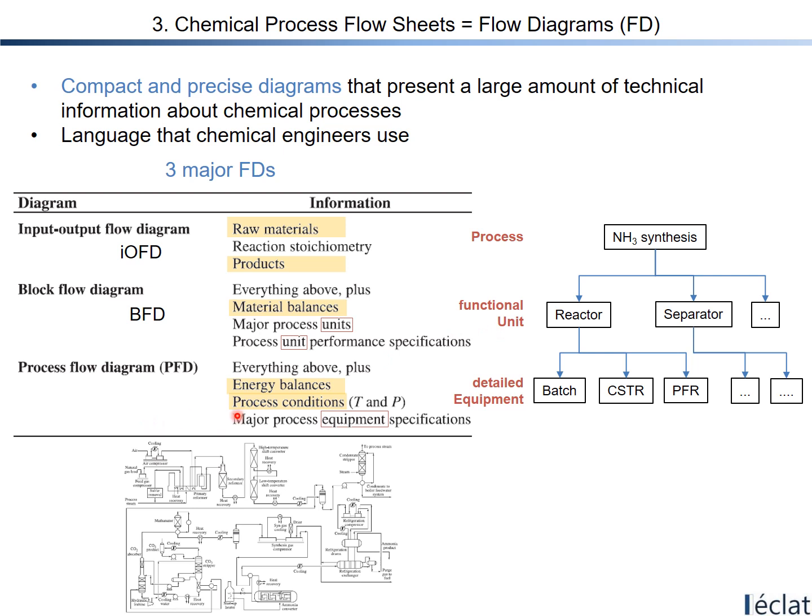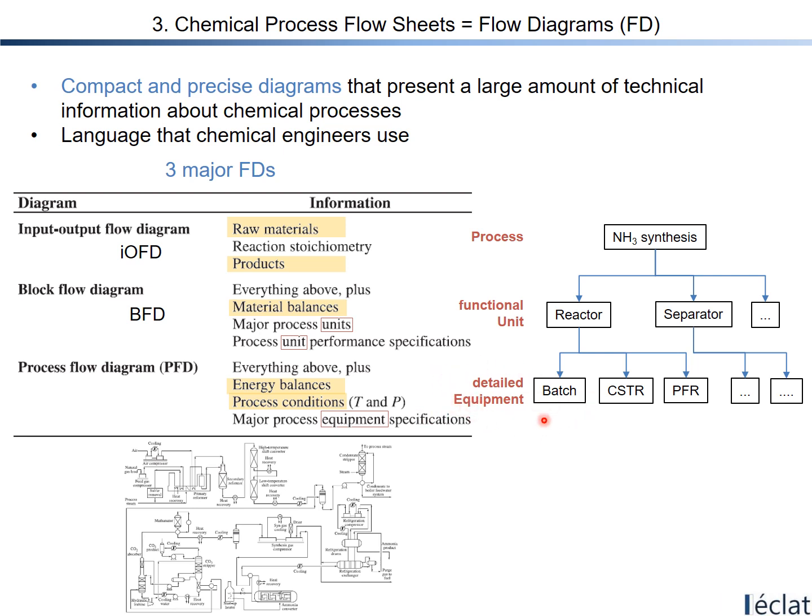The most complicated one is PFD, process flow diagram. We have the information about everything above plus energy balances, process conditions such as temperature and pressure, and major process equipment. I have said equipment specification, which is going to the detailed equipment level.